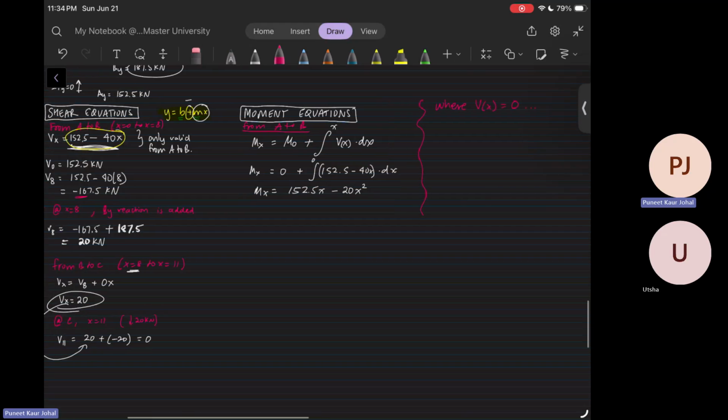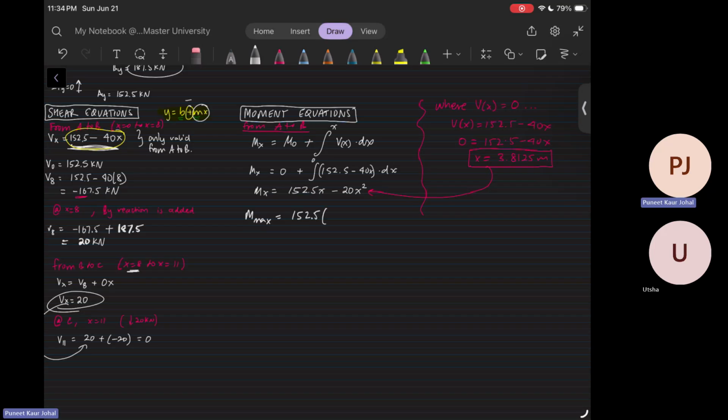So for that, all we have to do is, again, take this equation, put it equal to 0, and figure out for what value of x you are going to have a shear of 0, and it's going to be this value of x. So we'll put that in here to find max moment.